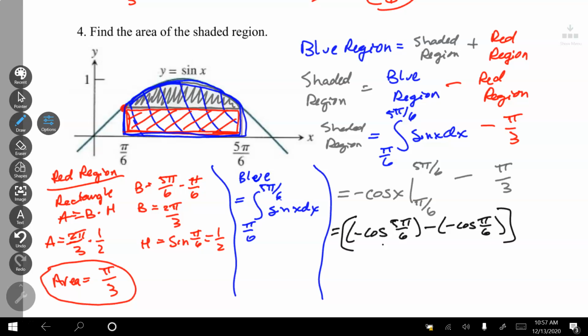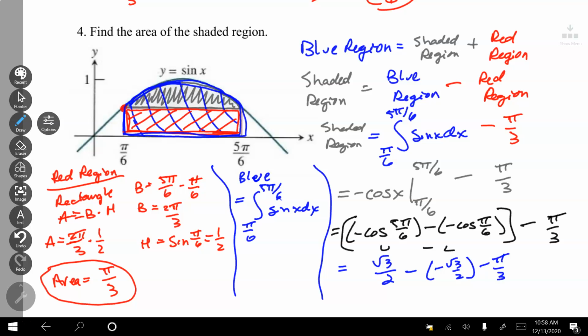And this is my upper minus my lower, minus the red region of pi over 3. Well, this turns out to be, cosine of 5 pi over 6 is negative radical 3 over 2, so this is radical 3 over 2. Wow. Messy handwriting. Minus a negative radical 3 over 2 minus pi over 3.